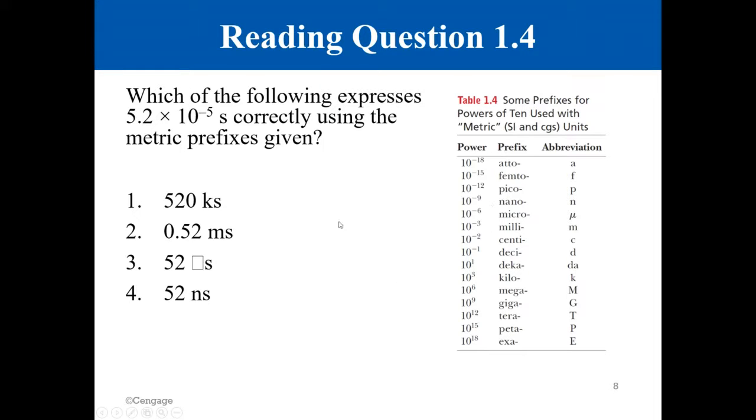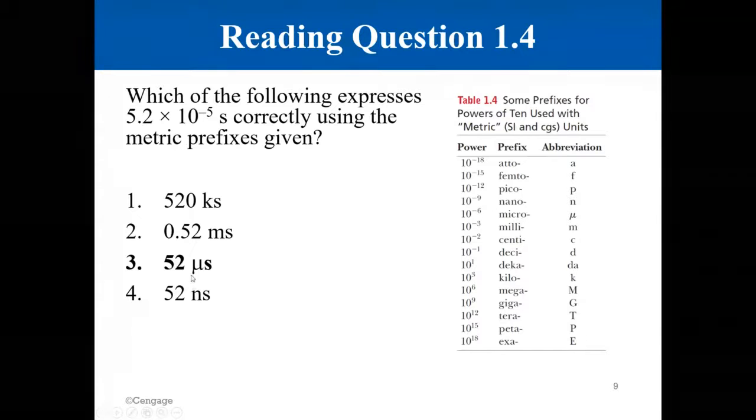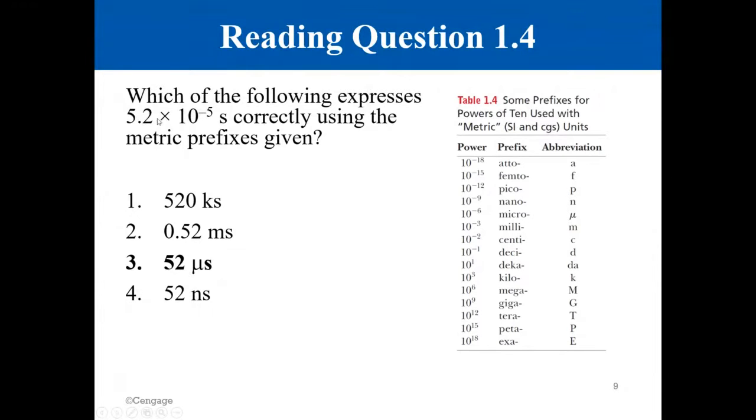Okay. Again, this is not correct. So this would be my best choice. It is 52 microseconds. Micro, 10 to the minus 6. When you multiply by 10 here, you need to divide by 10. So this becomes 52, and this becomes 10 to the minus 6, which is microsecond.